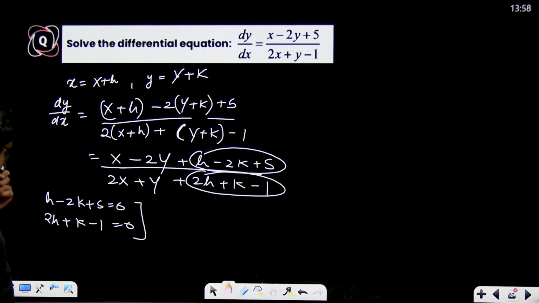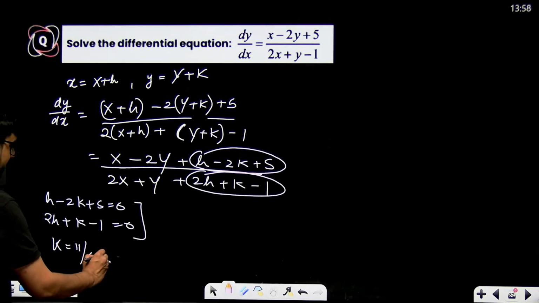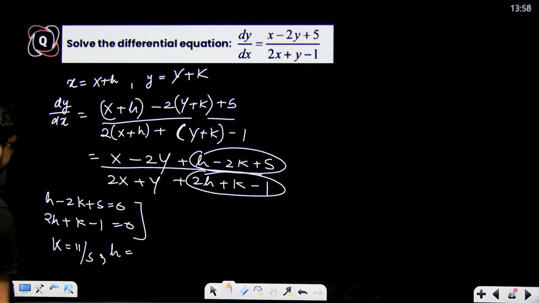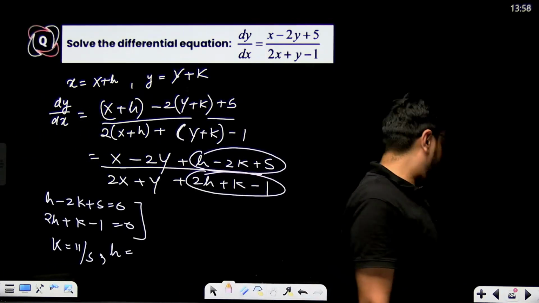So 2h cancels, 4k plus k, 5k, it will become 10 plus 1, 11 it will become. So we are going to get 11 by 5 for k. K will become 11 by 5, and h is going to become 3 by 5.